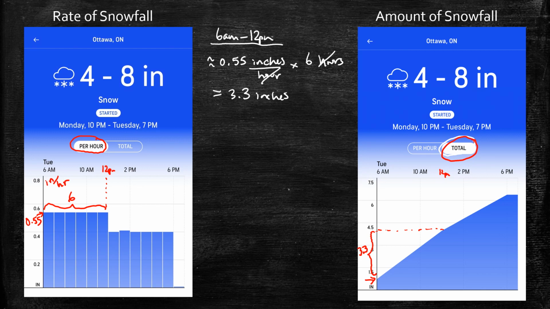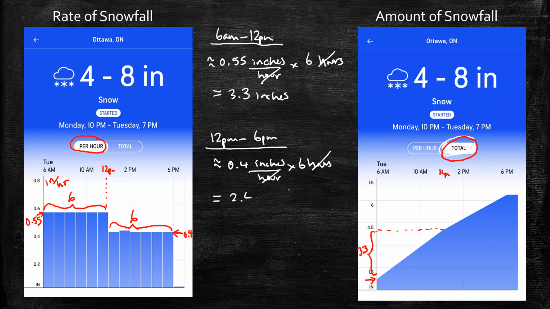In the same way, if we look at 12 p.m. to 6 p.m., another 6 hours, it looks like this falls right at 0.4, which is perfect. So if we do that calculation from 12 p.m. to 6 p.m., this time it's going to be approximately 0.4 inches per hour, once again times 6 hours, the units cancel, and that comes out to about 2.4 inches.